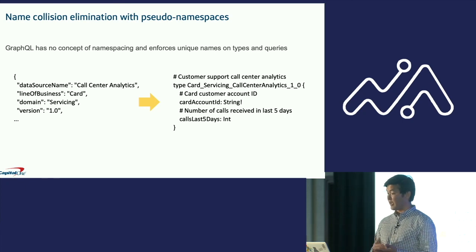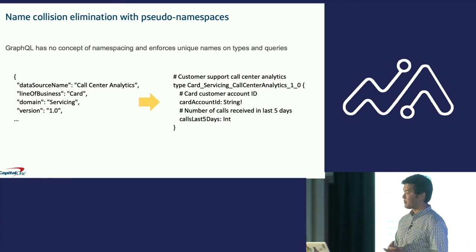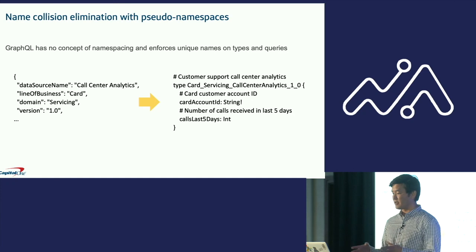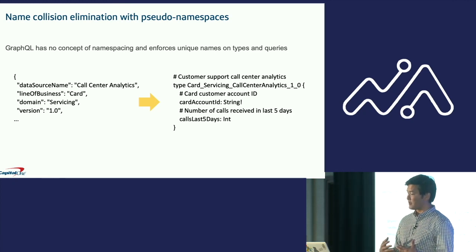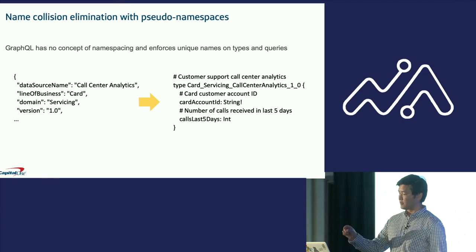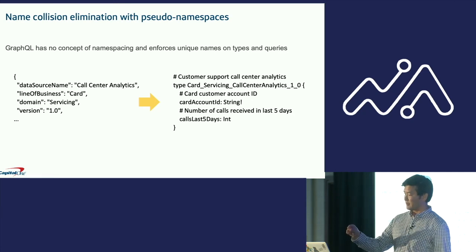So what we do is, again going back to the metadata that we have, we generate a pseudo namespace. In our case, we take the line of business. At Capital One, we're not just a credit card company, we're a bank, we do auto loans, we do all kinds of things, right? My line of business is card, so we can use that as one of the prefixes.